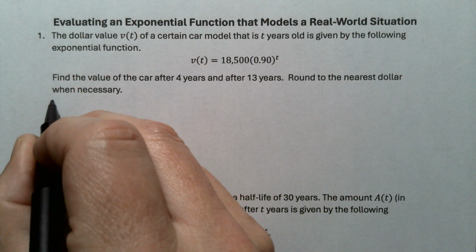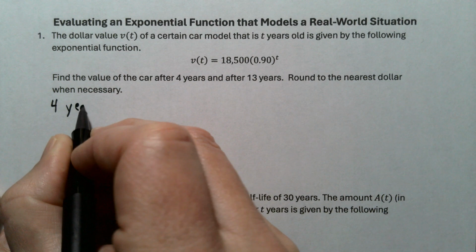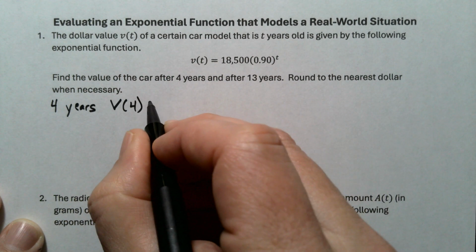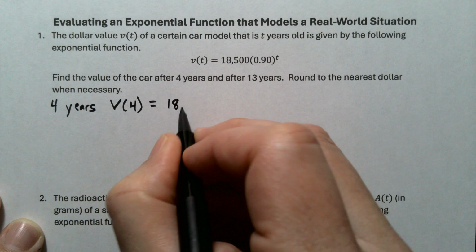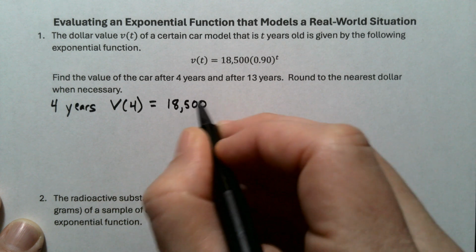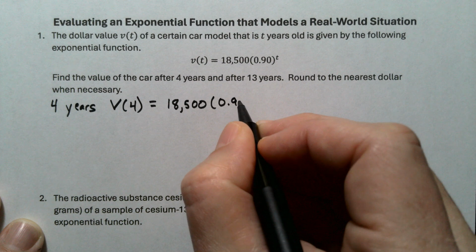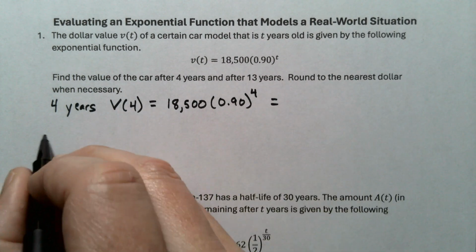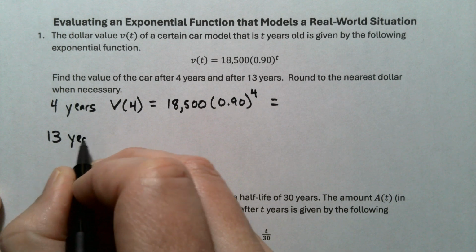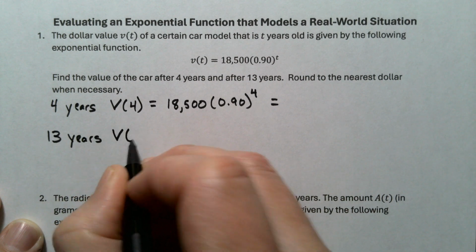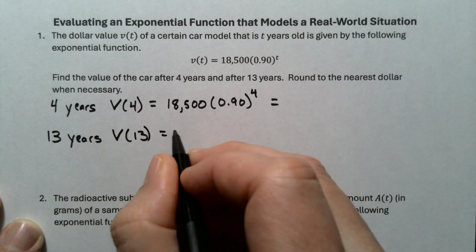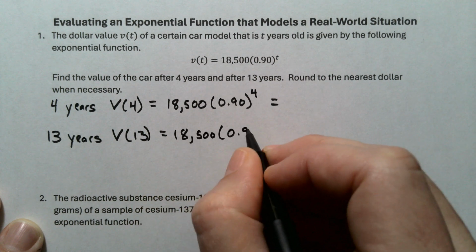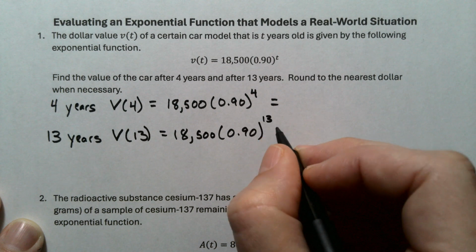So for 4 years, I'll do V of 4, which is going to be 18,500 times 0.90 to the 4. Okay, and for 13 years, I'll do V of 13, which is 18,500 times 0.90 to the 13.